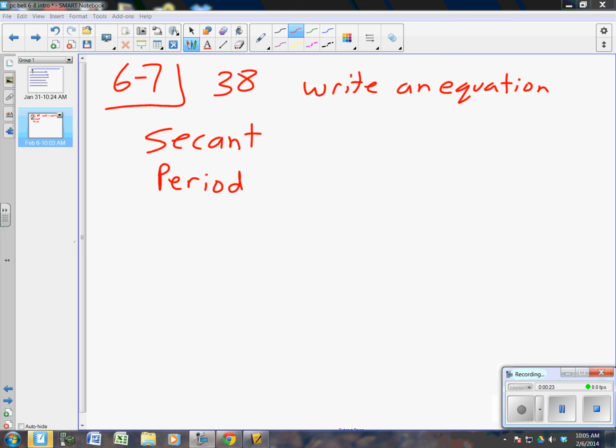Well, it says the period's pi. Okay, what else? Okay, vertical shift is -10. Okay, so we have to use this. Does it say anything about an amplitude? Oh yeah, secant usually we're not going to worry about that.